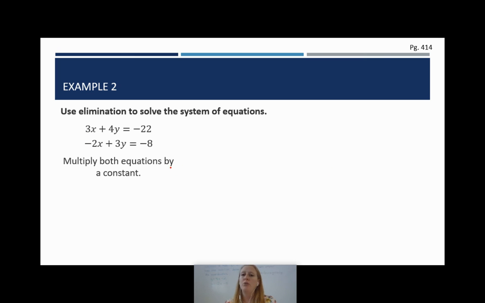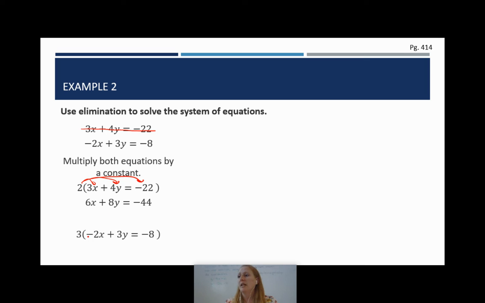So I'm going to start by multiplying my first equation by 2. And we're going to distribute. So 2 times 3x is 6x, 2 times 4y is 8y, and 2 times a negative 22 is negative 44. So I'm no longer going to use this one. I'm going to use this guy. Oh, we said the second equation, we should multiply by 3 to create opposites, right?